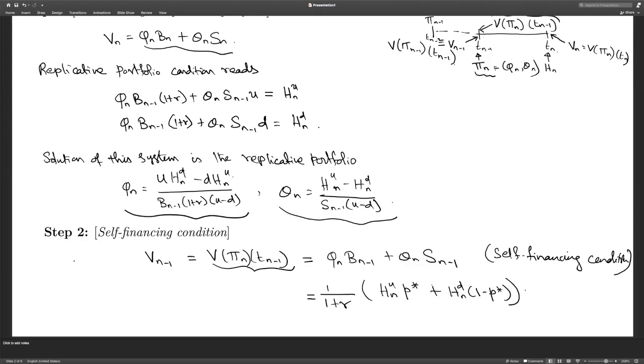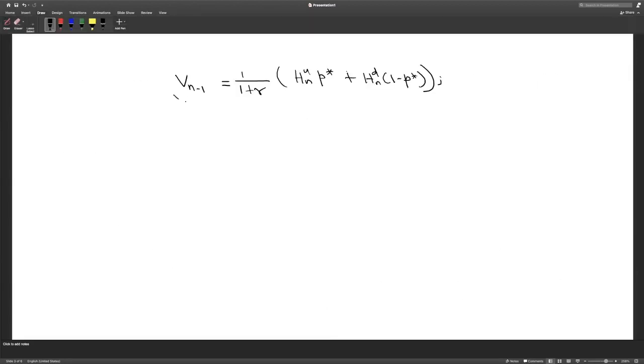What is P star? P star is the risk neutral probability given by 1 plus R minus D by U minus D, right? So what we got now is an expression for Vn minus 1.